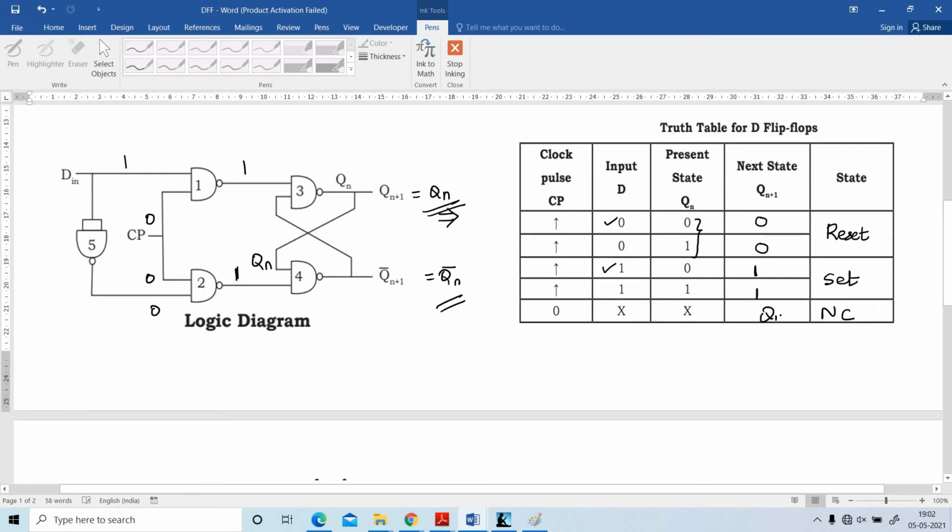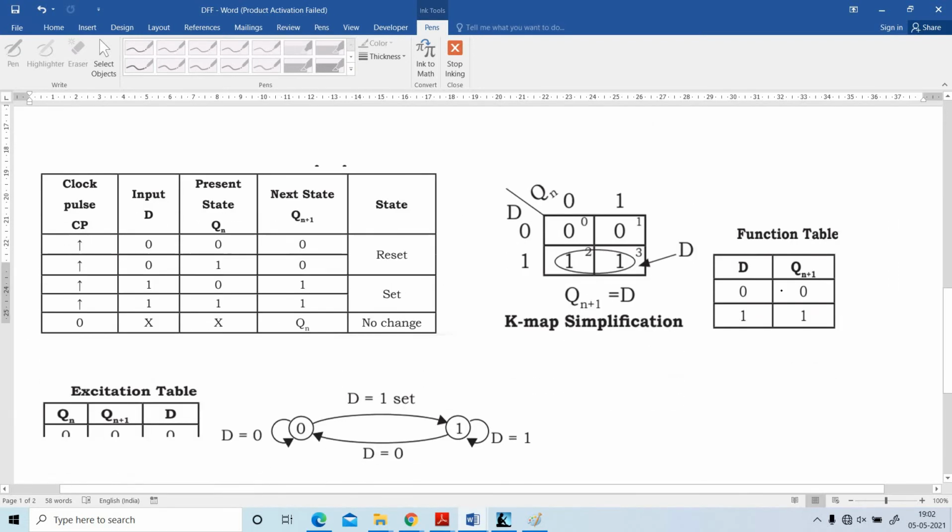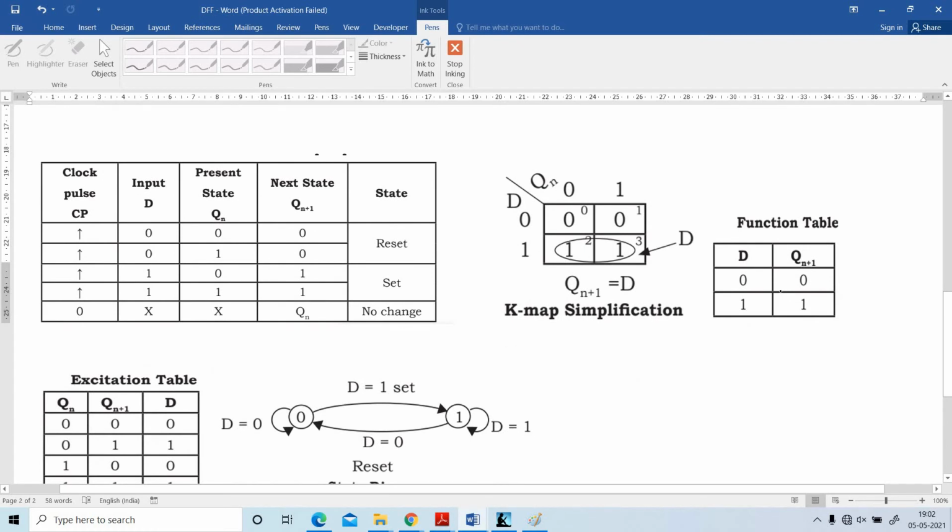And next, I am going to explain about K-map simplification and how to find out Qn plus 1. To find out Qn plus 1, I am going to take D and Qn. From this, I am going to find out the derivation of Qn plus 1.